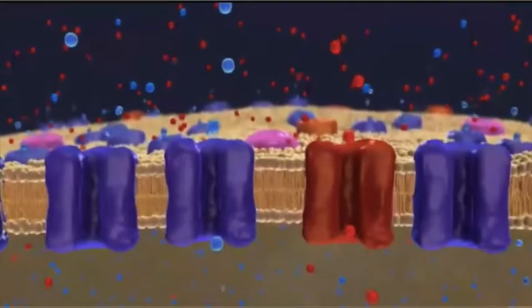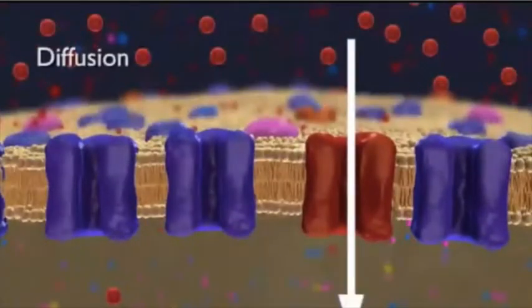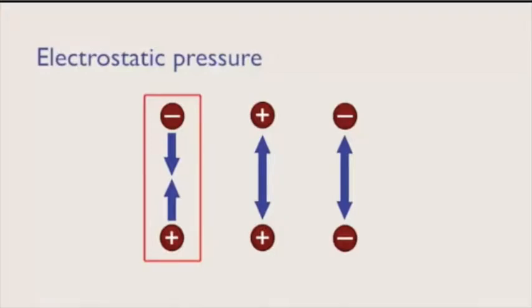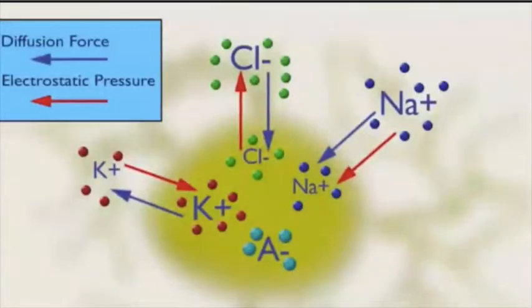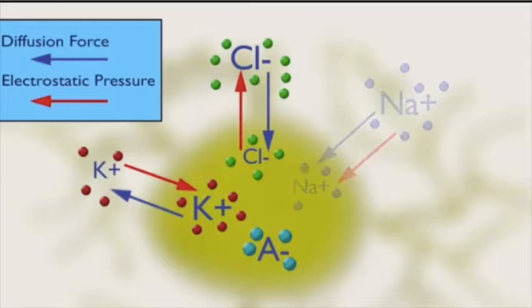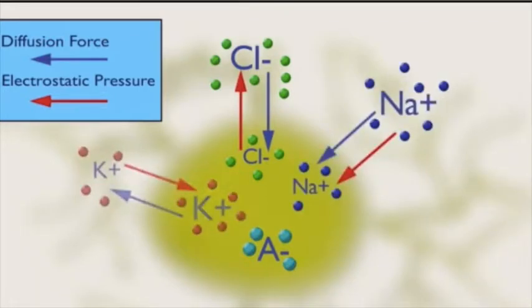Three factors help to keep a neuron at rest: diffusion, electrostatic pressure, and the sodium-potassium pump. On each side of the neuron cell membrane are ions, or charged particles, of sodium, Na+, potassium, K+, and chloride, Cl-.